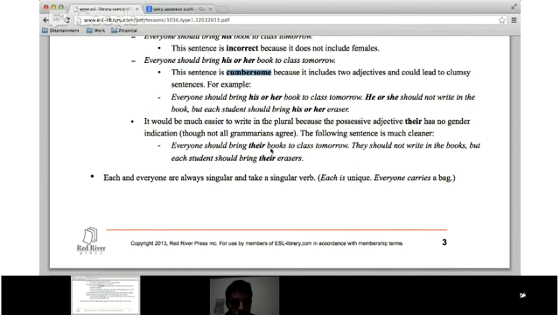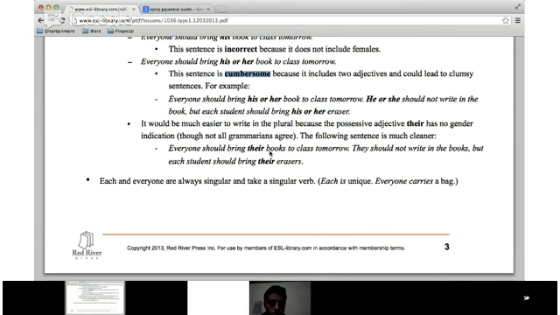It would be much easier to write in the plural because the possessive adjective there has no gender indication. Though not all grammarians agree, the following sentence is much cleaner. Everyone should bring their books to class tomorrow. They shouldn't write in the books, but each student should bring their erasers. Each and everyone are always singular and take a singular verb. Everyone carries a bag. Excellent job. Thank you very much.